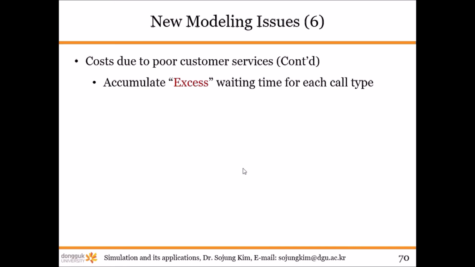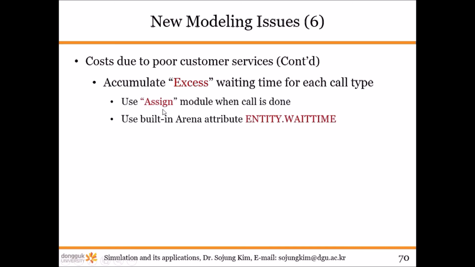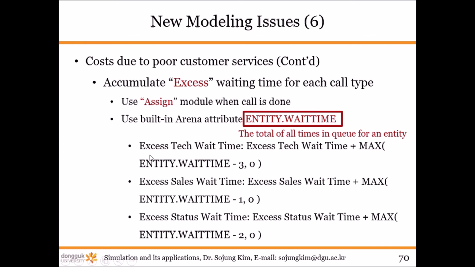So you can accumulate excess waiting time for each call type, and you can use an assign module when a call is done, using the built-in Arena attribute called entity.wait time. It has the waiting time for each entity, and for the excess tech wait time, you can add the maximum of entity wait time minus my tolerance value, which is 3, 1, 2.